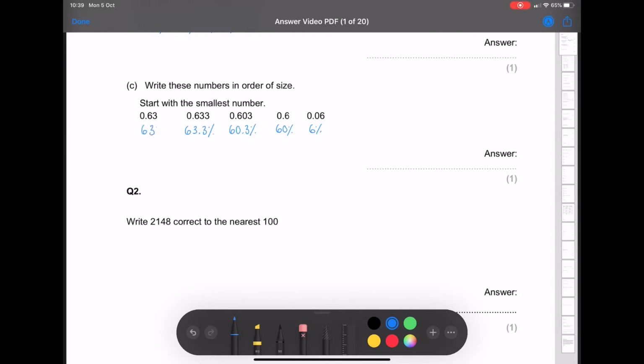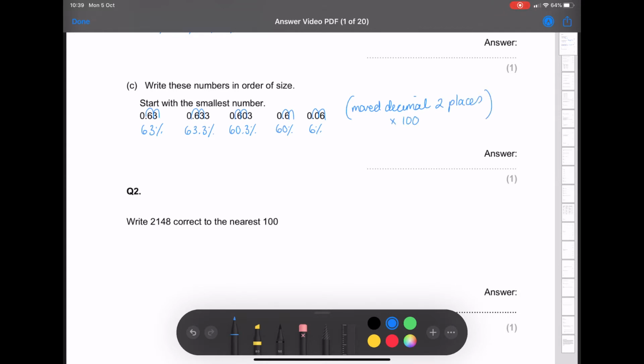And this would just be 63%. So all I've done there is times them all by 100 to put them into a percentage. There is an extra video on that if you want to watch how to do it. All I've done is move the decimal point 2 places, which basically just means that we times by 100.